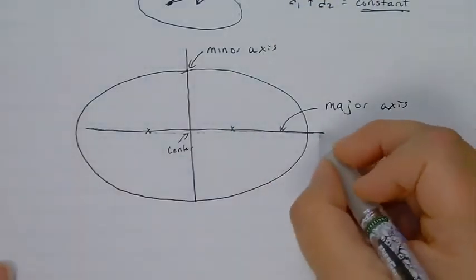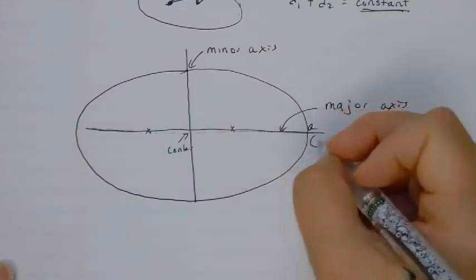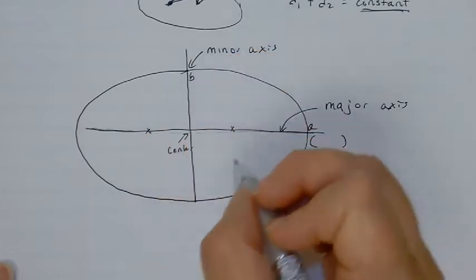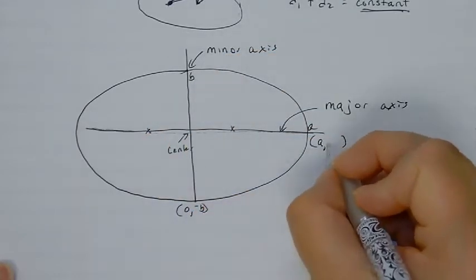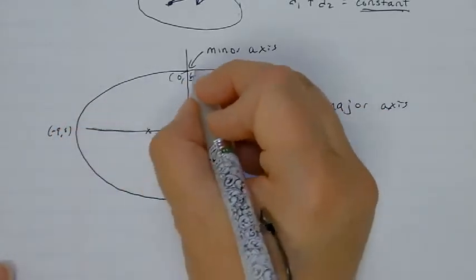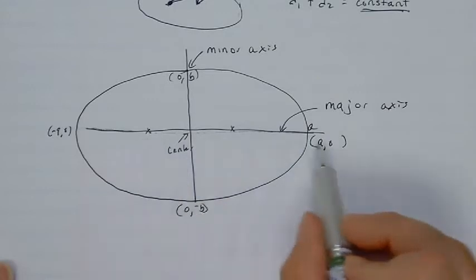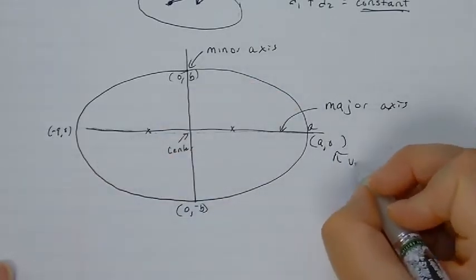So since this is the major axis, I'm going to just say this is A units long, and we'll make this one B. So this would be negative B. So since A is longer than B, these are going to be called the vertex.